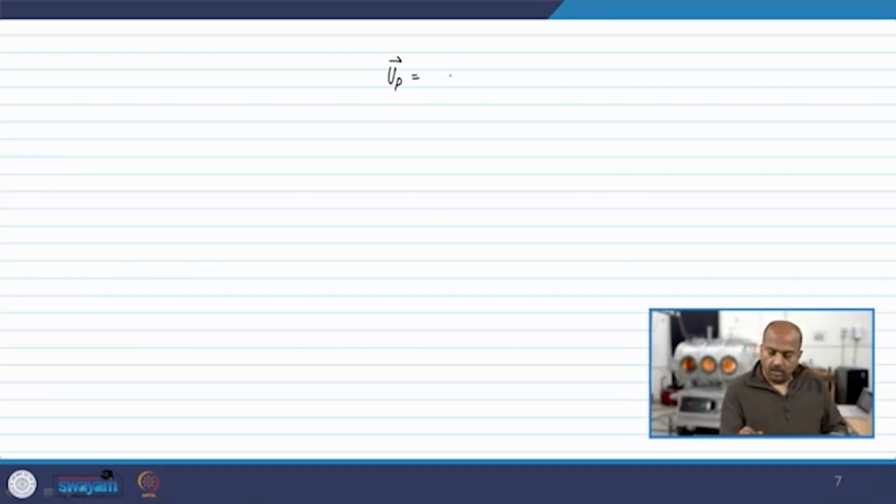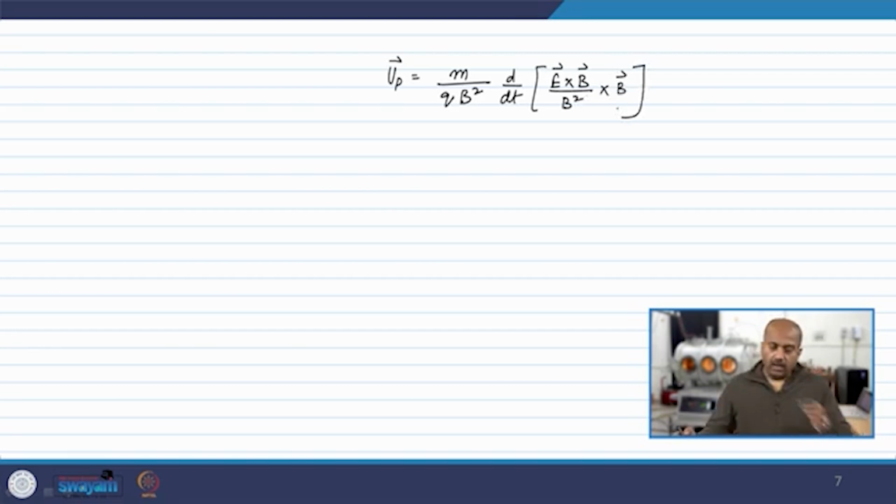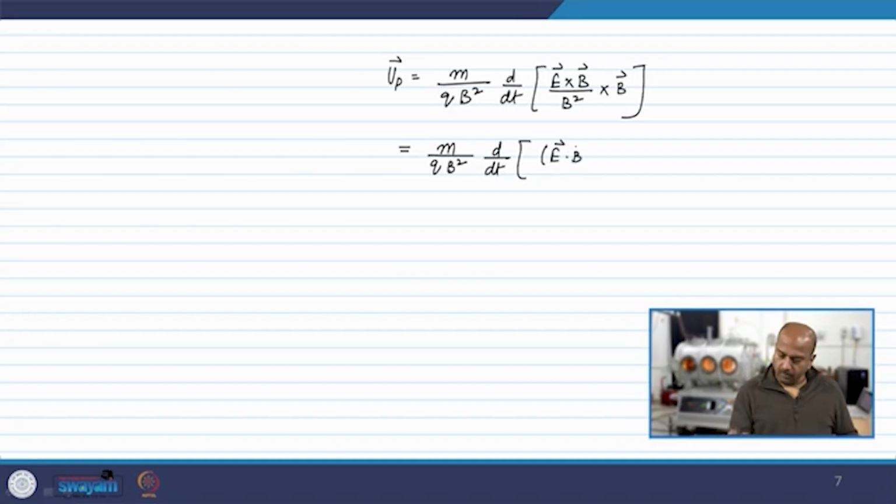So far we have derived this expression where the polarization drift Vp is written like m by qB square times d by dt of (E cross B by B square) cross B. So, we again have this triple vector product on the right hand side, which can be resolved like this, or d by dt of (E dot B times B minus B square E).